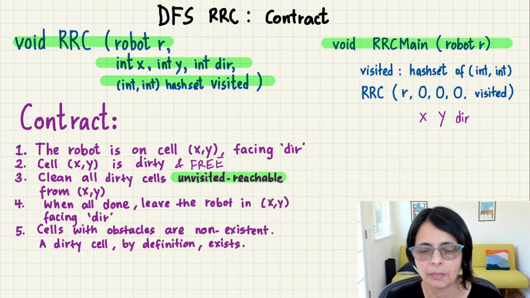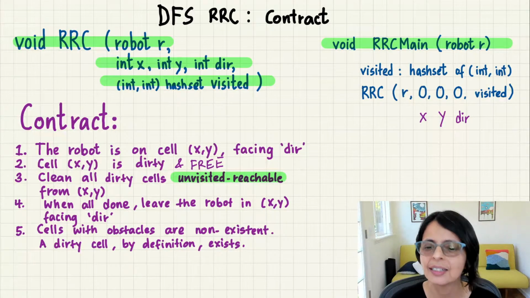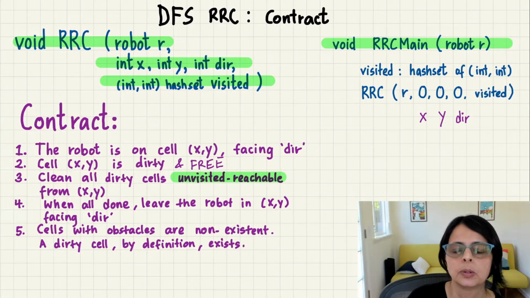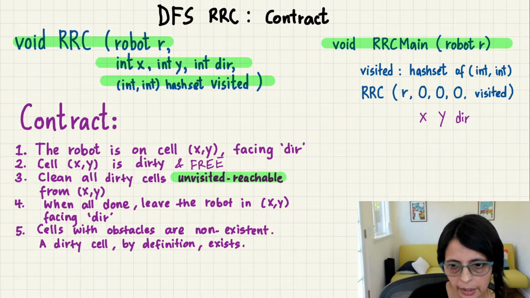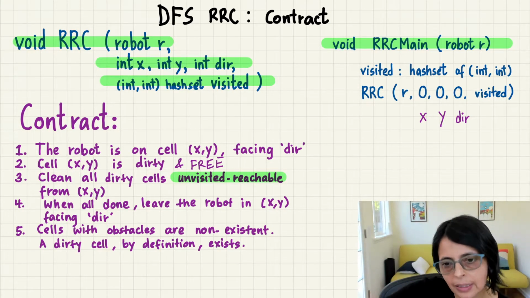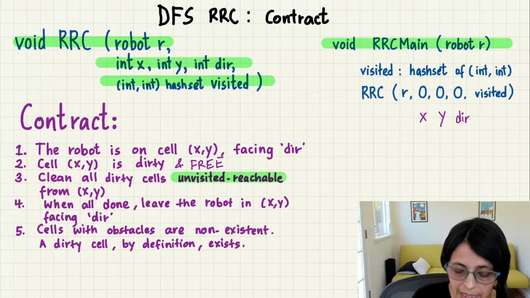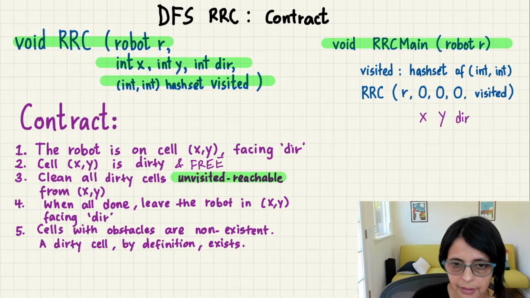It is just a slight nitpick on the contract. Unvisited reachable means all the cells that are reachable from X, Y via unvisited cells only. When you're all done, leave the robot in the cell X, Y facing direction dir.